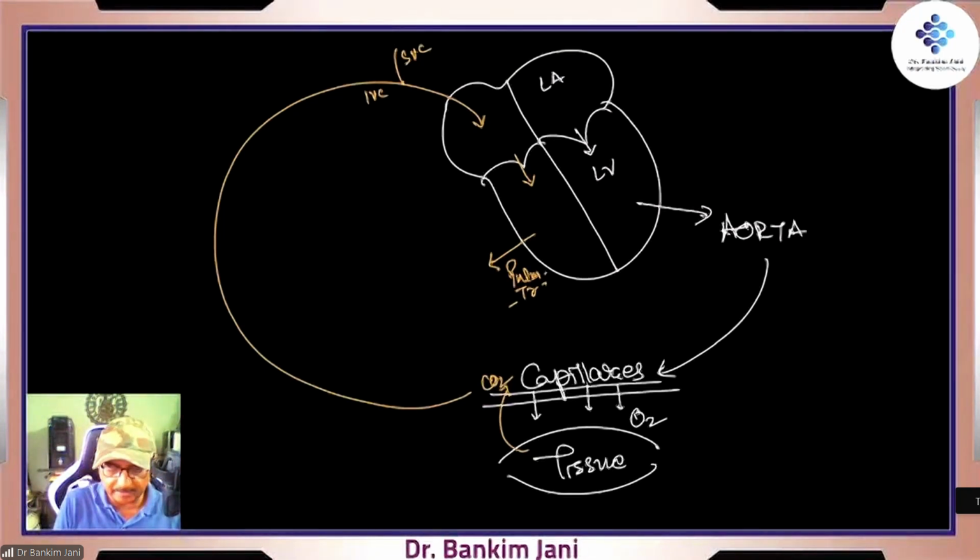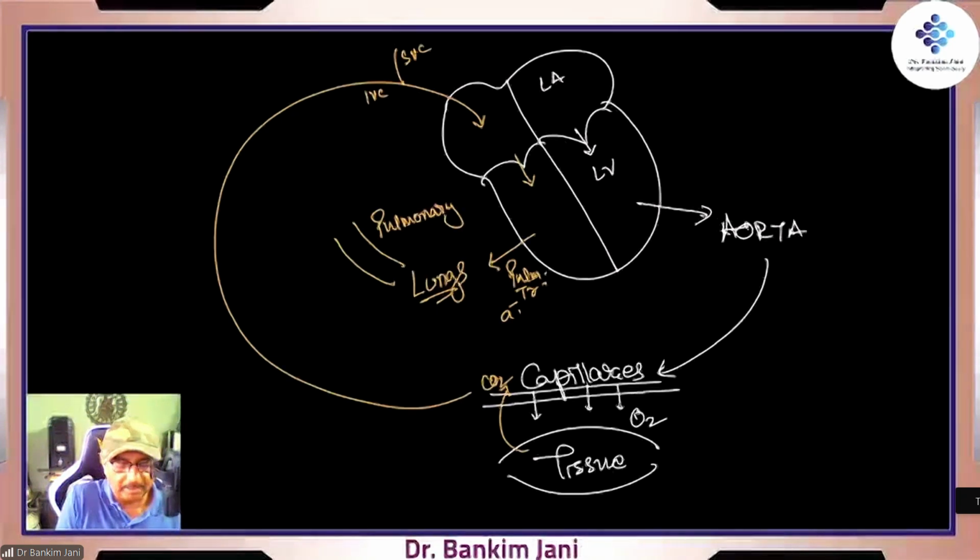Later it becomes the right and left pulmonary arteries, and it goes to the lungs. Here oxygen will be picked up and carbon dioxide will be given out.